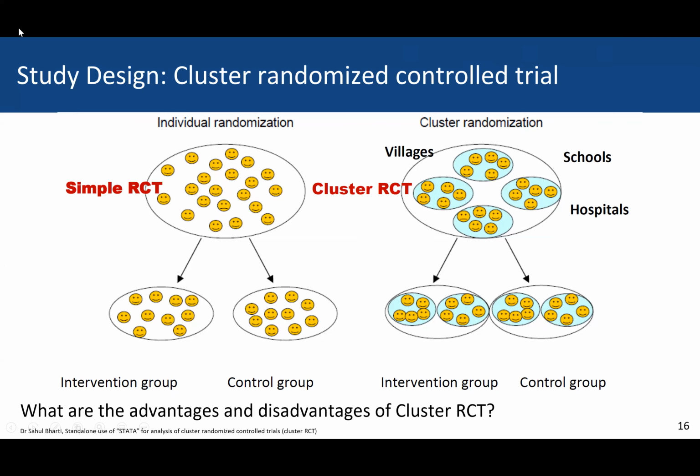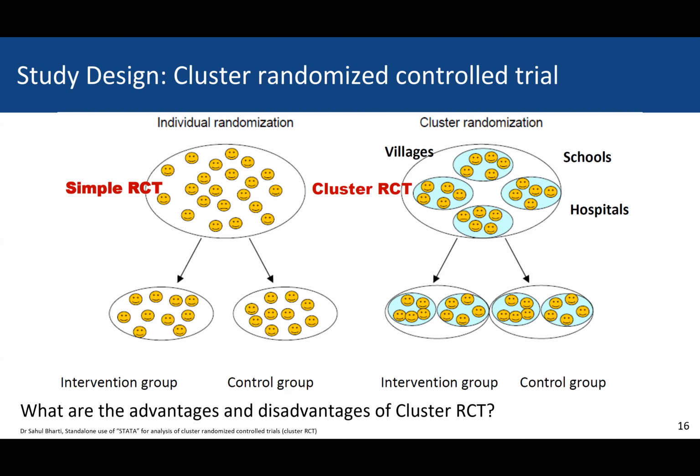So cluster randomized trials have advantages if you're assuming that the group can't be separated, so the individuals within the group are more likely to be similar to each other compared to other groups, and might influence each other.